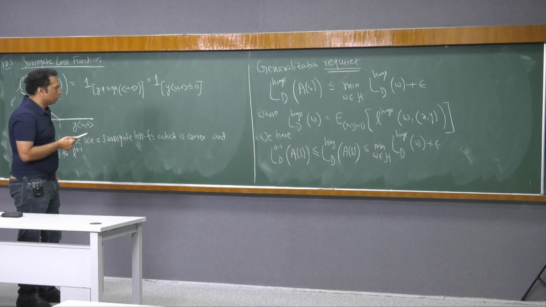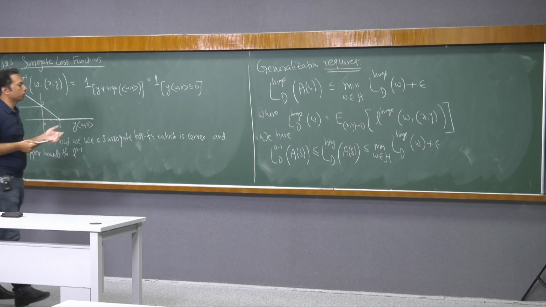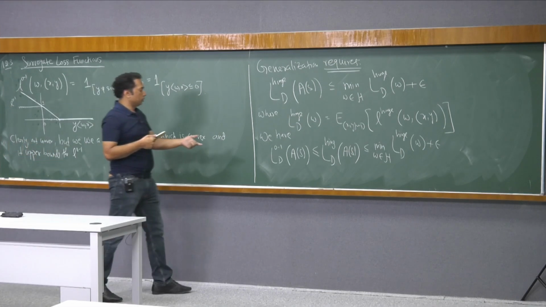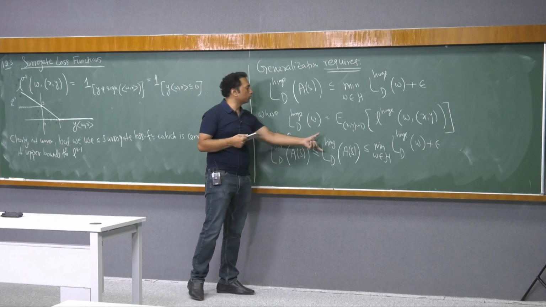So we are basically trying to interpret. Now I have introduced a surrogate loss, then what are the consequences for generalization? We are trying to see how to characterize these things. So I have this original loss and the surrogate loss.